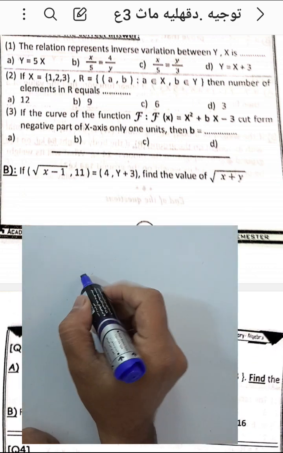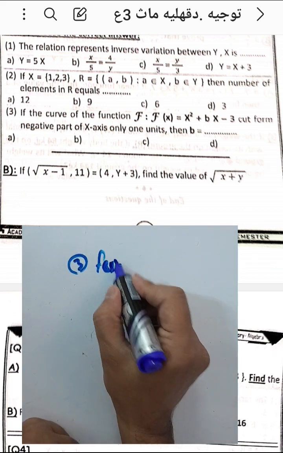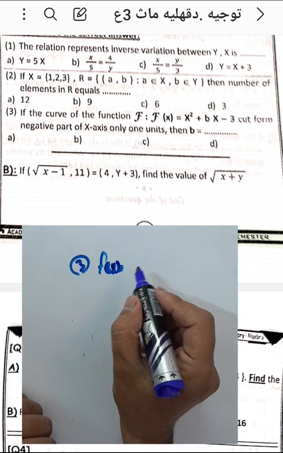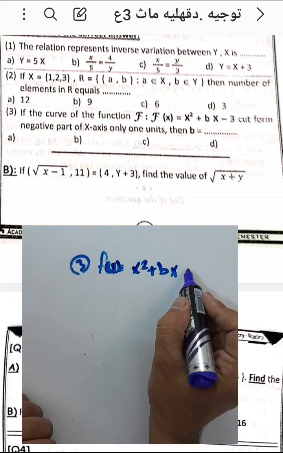Question number 3. If the curve of the function f such that f of x equal x power 2 plus bx minus 3 cuts the negative part of x-axis at 1 unit only, then b equal, okay, this function f of x equal x power 2 plus bx minus 3.